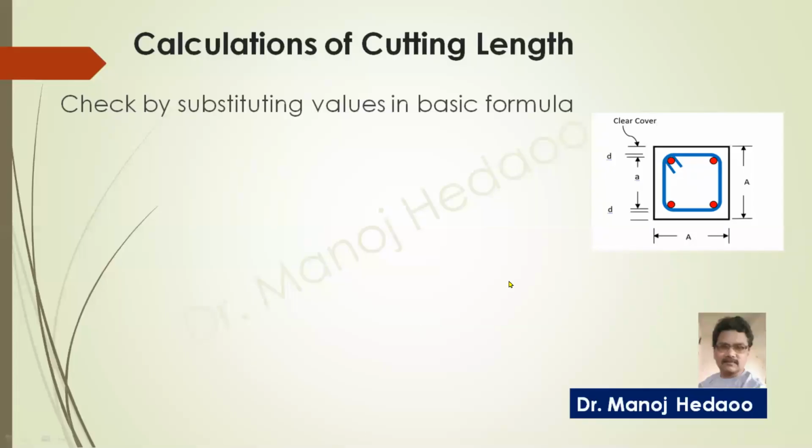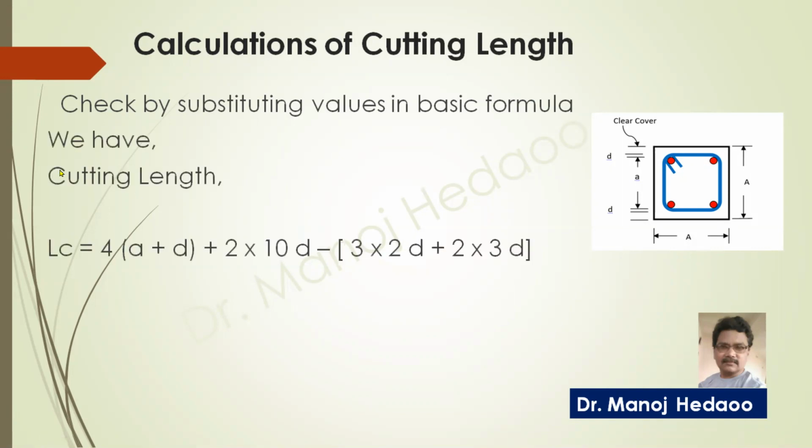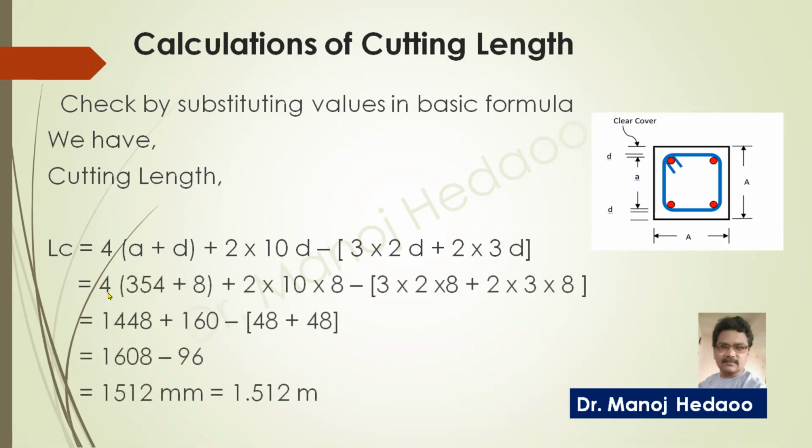Now friends, we can check the answer by substituting values in the basic formula. So the cutting length is equal to 4 times (A plus D) plus 2 into 10D minus 3 into 2D plus 2 into 3D. After substituting, you will get 4 into (354 plus 8), plus 2 into 10 into 8, where 8 is the diameter, minus 3 into 2 into 8, plus 2 into 3 into 8.